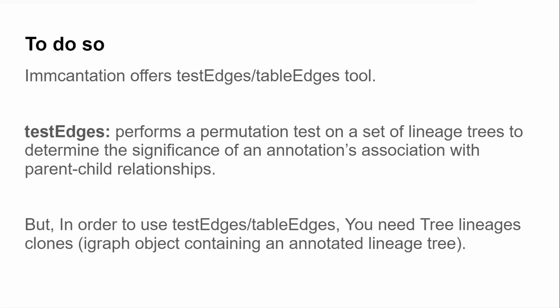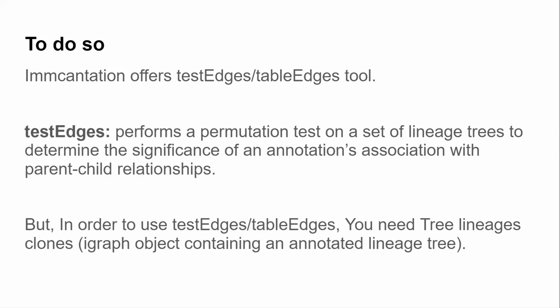To do so, Immcantation offers the test edges tool. Test edges performs a permutation test on a set of lineage trees to determine the significance of an annotation's association with parent-child relationships. In our case, the annotation would be the subset type, the CD45.